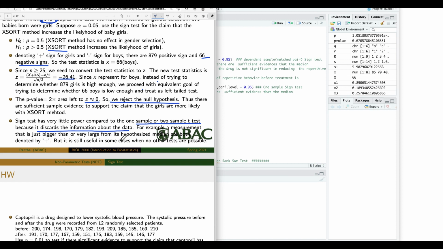So it is missing a big chunk of information about the data. But if the original data does not follow normality or any distribution, then you can still use the Sign test. It is still useful in some cases when no other tests are possible. Okay.